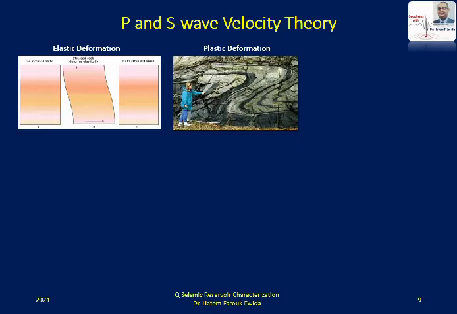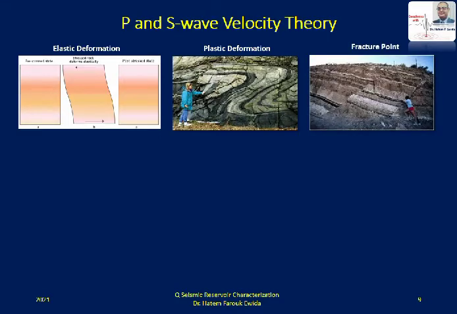There were tectonic forces that pushed these rocks and they got folded, but they will never get back to their origin. This is what we call plastic deformation. If the force acts more than that, yes, it will get broken, and then we'll get fracture points and faults within the rock.